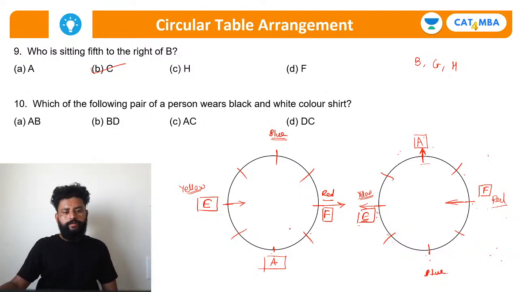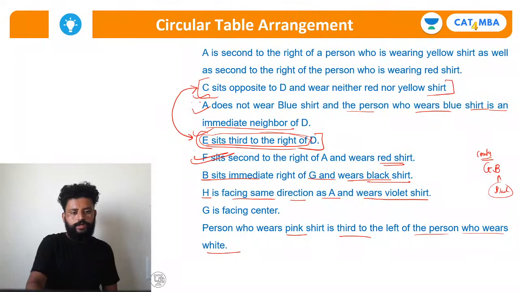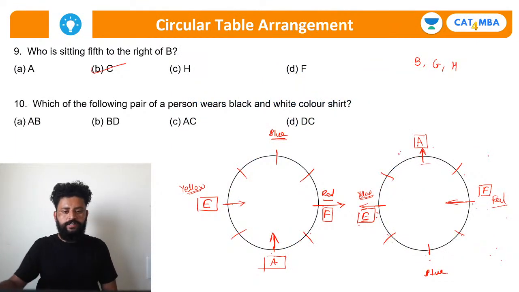Okay, we know the facing. F is second to the right of A, and here it is right to the right of A. So in this case, one center, and in this case, one center, two center, one.